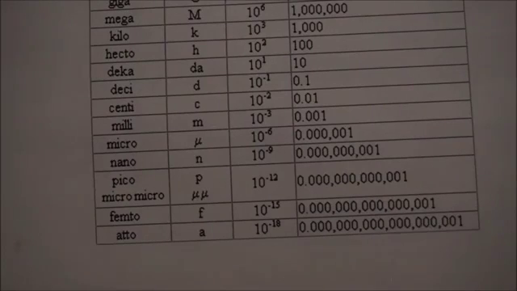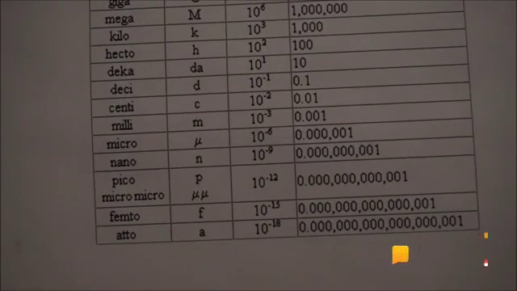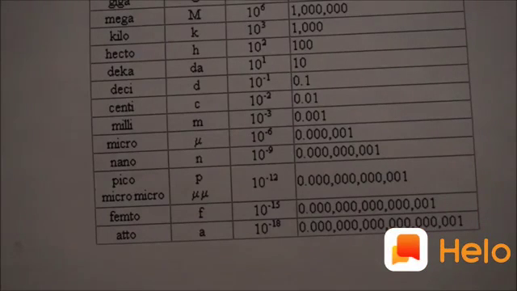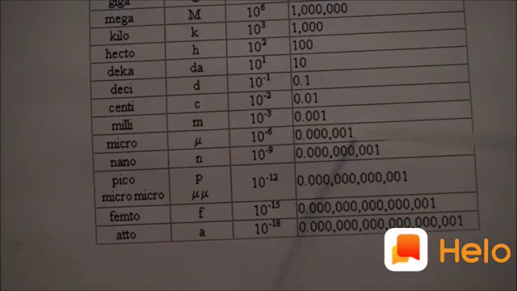If you look at this chart here, the micro is 10 to the negative 6. So if we start at 1 right here and we count back 6 spaces, that's where our decimal lands.